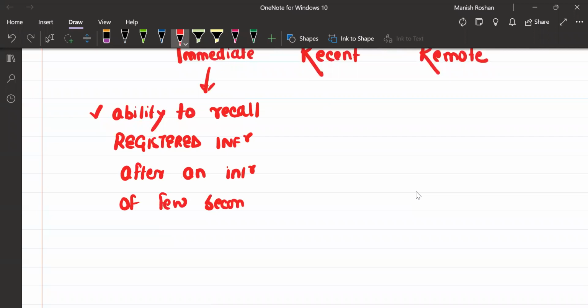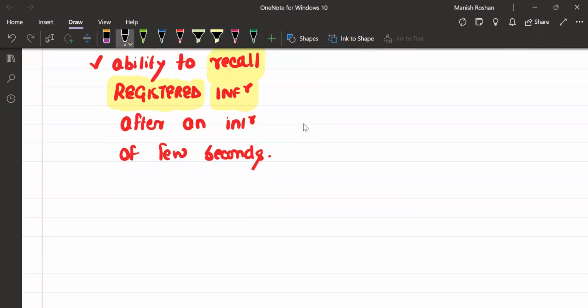So this is the definition according to Black. So it is defined as the ability to recall the registered information. First of all, you have to do the registration of the information, and then you have to make the patient recall that particular information. That is why the test for immediate memory involves two processes. First is the registration, and second is the recall.